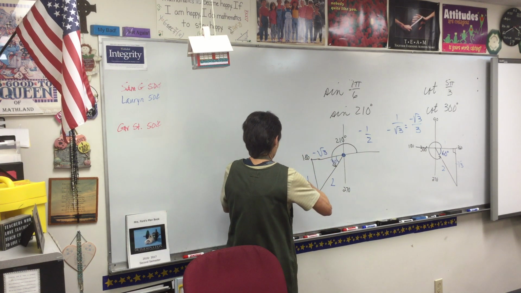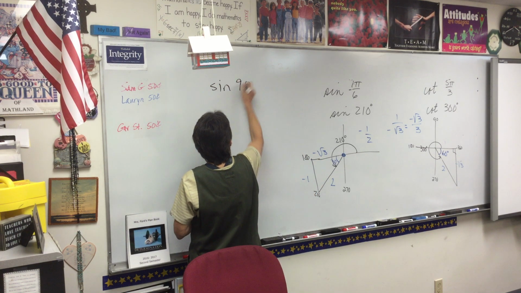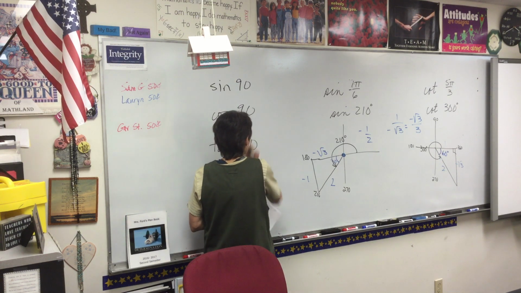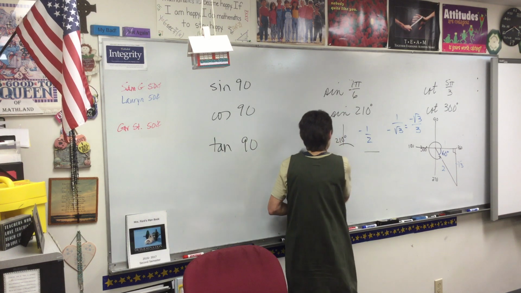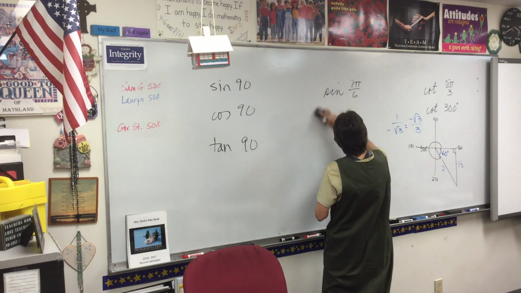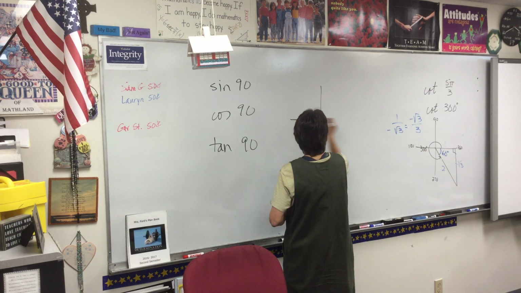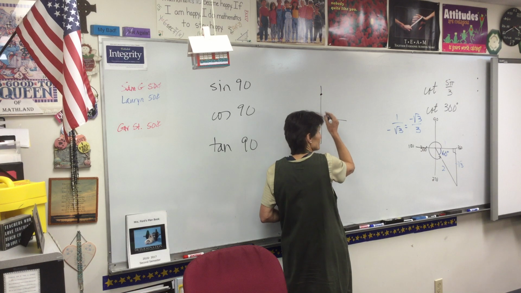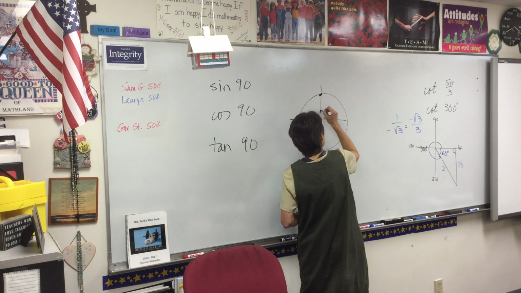Now we're doing, in A, the sine of 90, the cosine of 90, and the tangent of 90. We talked about this a little bit yesterday. Can you draw 90 degrees? Where is 90 degrees? Exactly 90. Wouldn't that be right here?